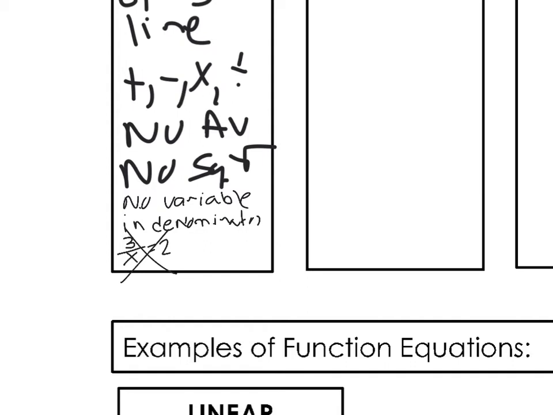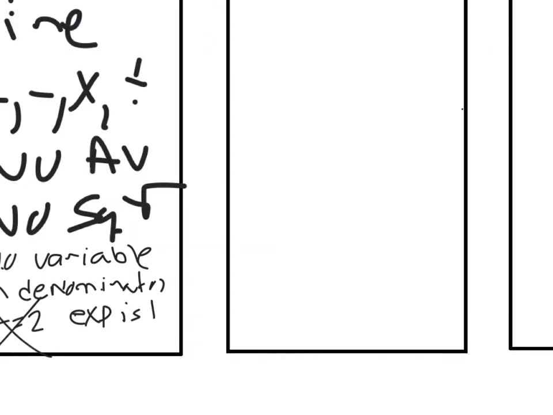Also, the largest exponent is 1. So you won't see any exponents because an exponent of 1 is invisible, right? So you won't see any x squared, x cubed, or anything like that in a linear.